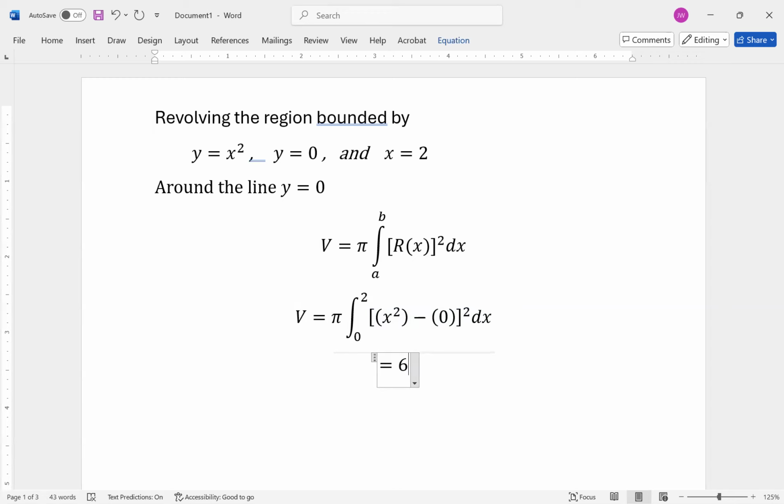So the volume is 6.4 times pi, which is approximately 20.11. So that's the volume of the object that we have created.